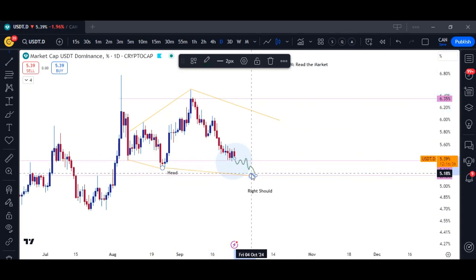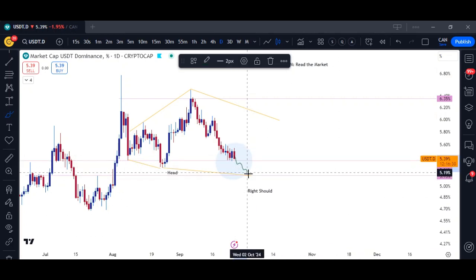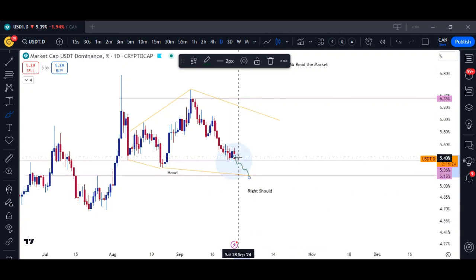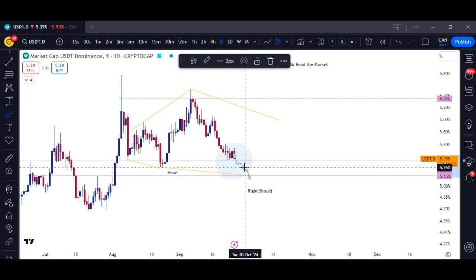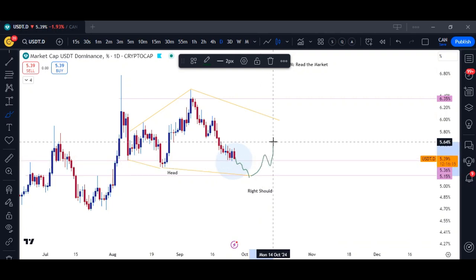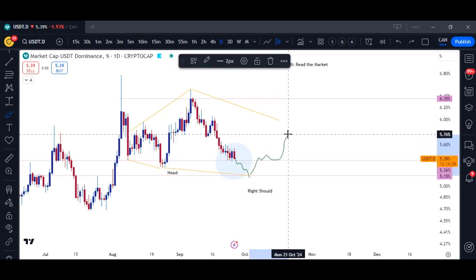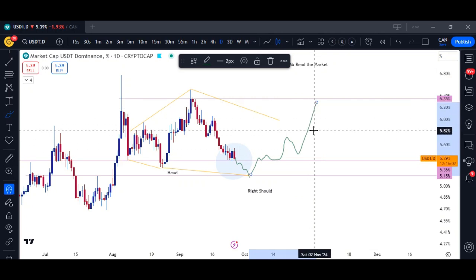So this index could actually come down first to this zone, and then get a reaction from this support area, which could give a little bit of space for altcoins to grow, and then we will have a good reaction and the market could go up, actually like this, and then go up.